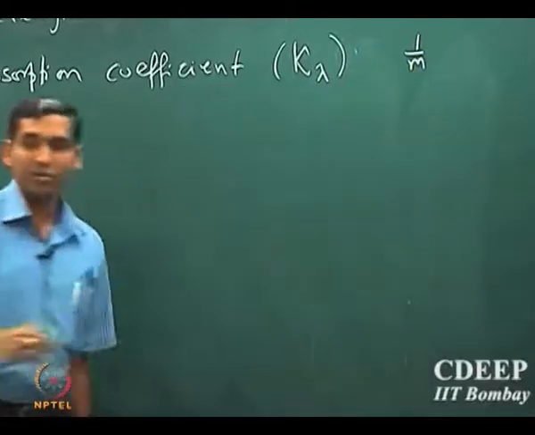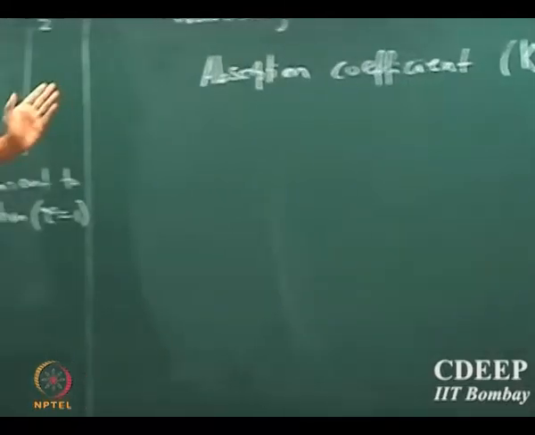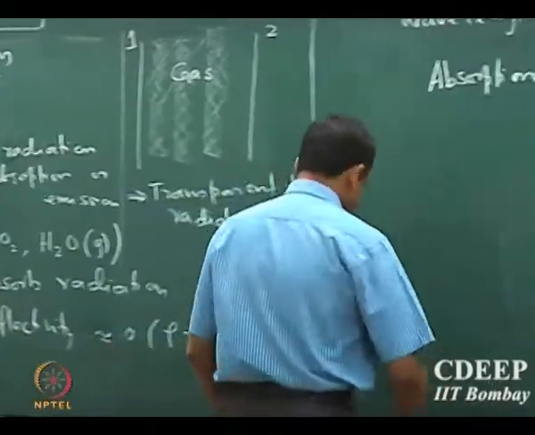So, it basically tells you the quantity of radiation that is absorbed as you go into the medium per unit length, okay. As you go, how much is absorbed, that is what is quantified by the absorption coefficient.